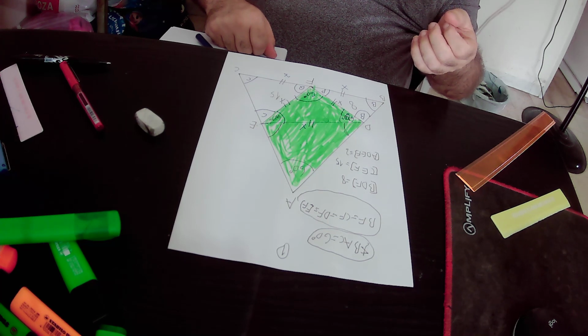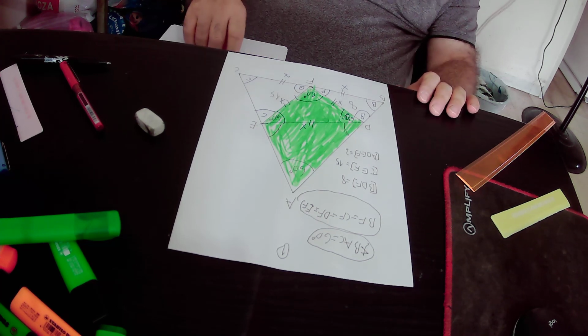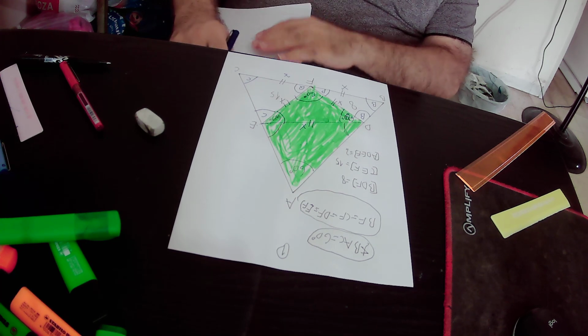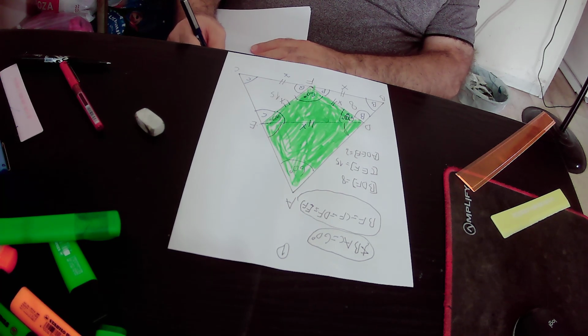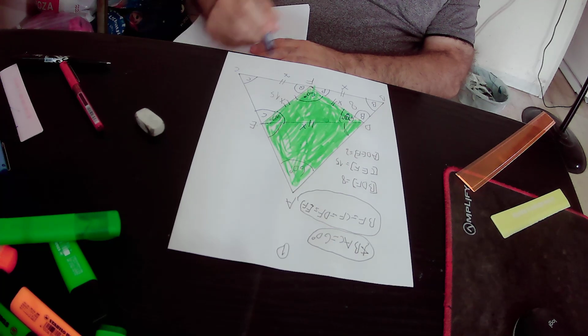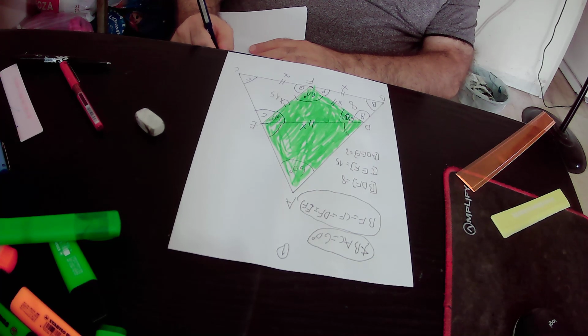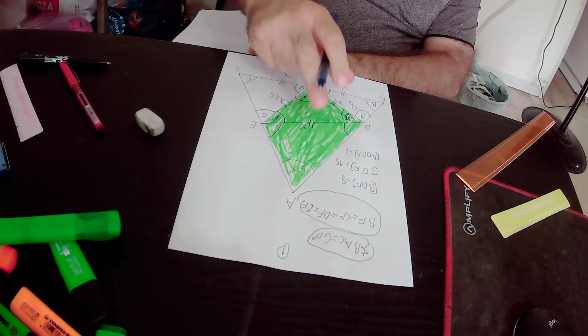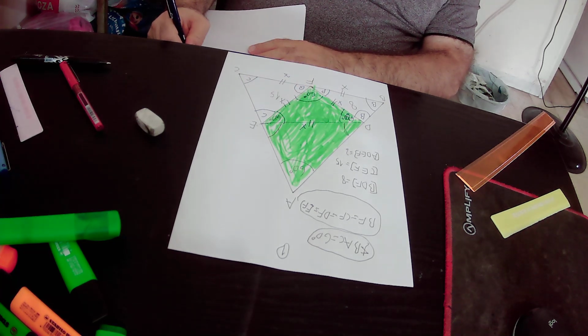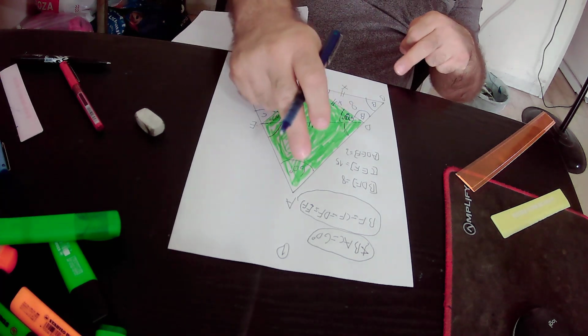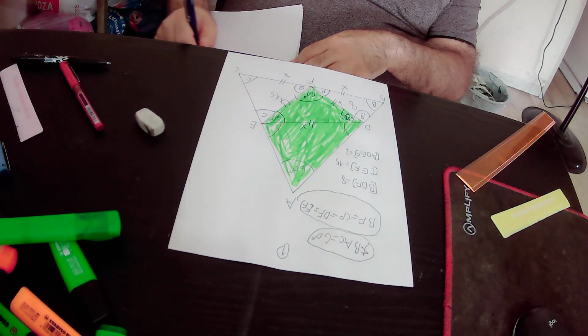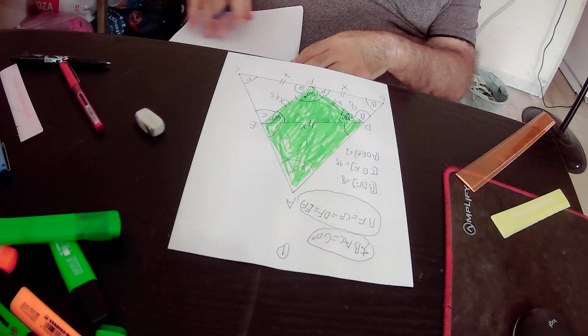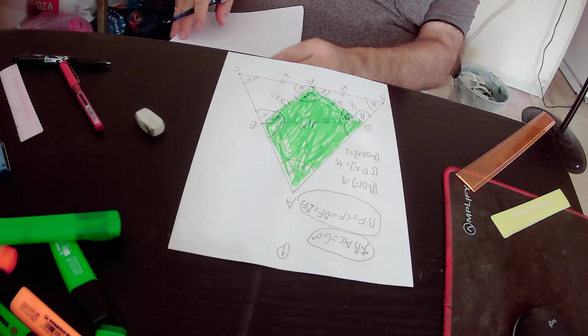So B plus 60 degrees plus angle ADE must be equal to 180 degrees according to rule number 3, because AB is a straight line.